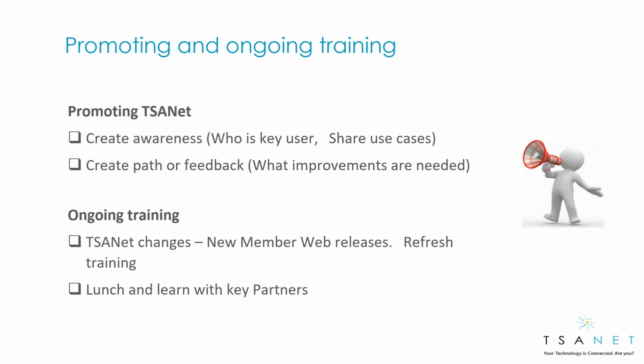Again, I think that's also where the key user can identify and say, hey, we've had 5 escalations with this partner in the last few weeks. Maybe we should get together with them and discuss those issues and how we could prevent them. So I think that, again, is part of this ongoing promotion and training area.